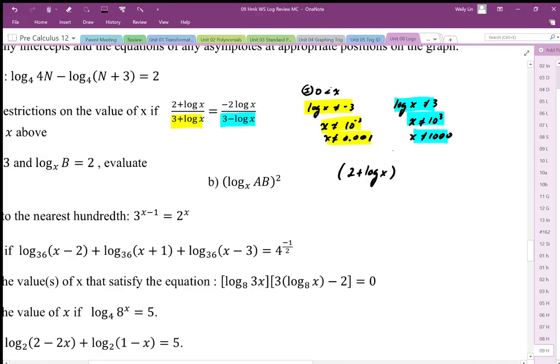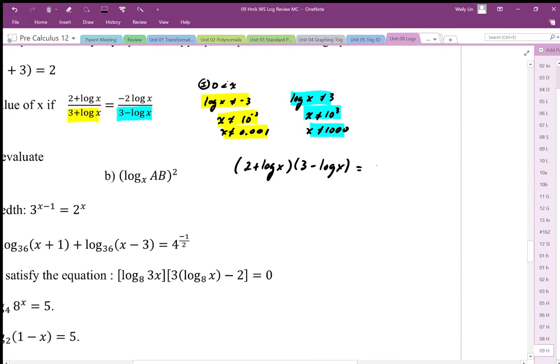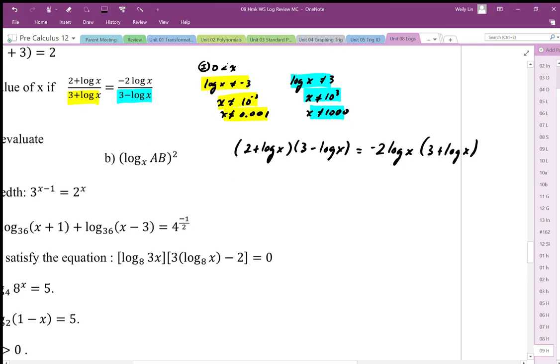Again, since we've stated the restrictions, we can move that out of the denominator, and that's equal to -2 log x times 3 plus log x. So this is really a quadratic equation in terms of log x. Once we solve for log x as a quadratic, we can then solve for the x value.